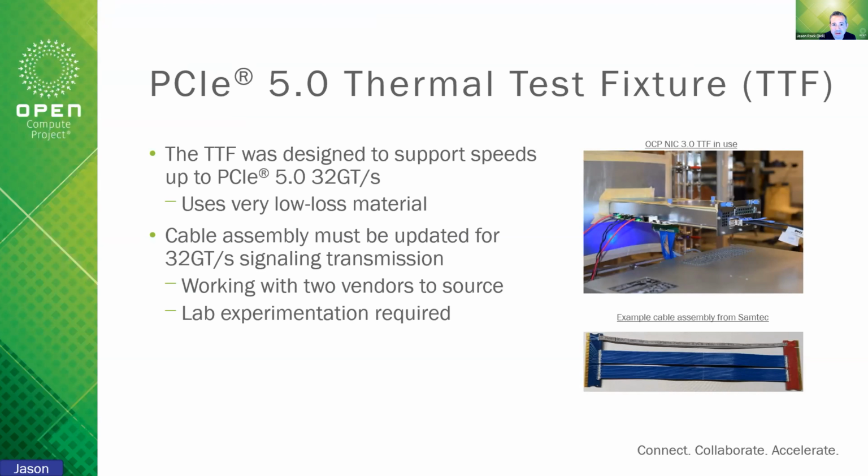At the time, we as a group were focused on Gen 3 and Gen 4 PCIe speeds, but we did have some foreboding on what we wanted to do for PCIe Gen 5. So for the Gen 4 version of the TTF baseboard, we did design this PCB for 32 gigatransactions per second speeds. So we did use very low loss material for this design.